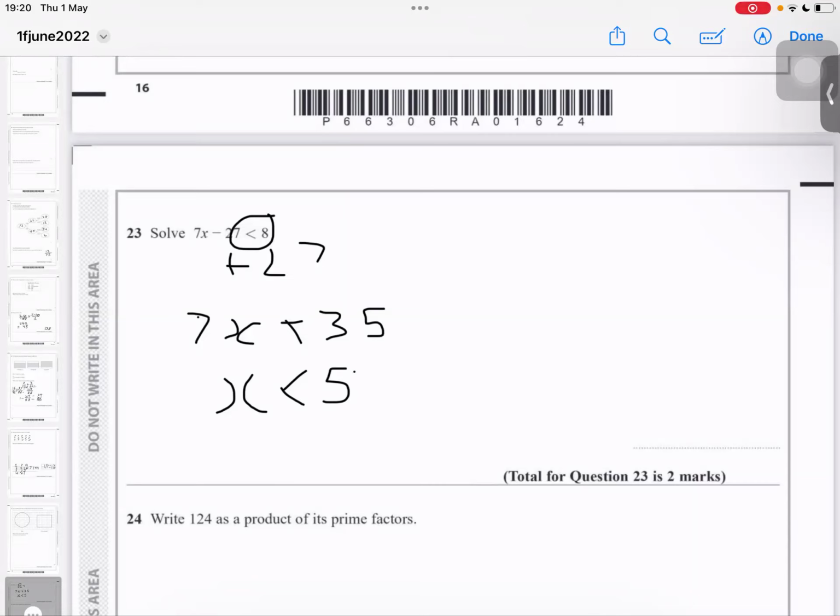Your answer would have been x greater than minus 5. Did you get that? Yes. I should just say that, so that if we don't come across one like that before the exam, you would know what to do if you see it. Okay, let's move on then. I just felt I should say that.